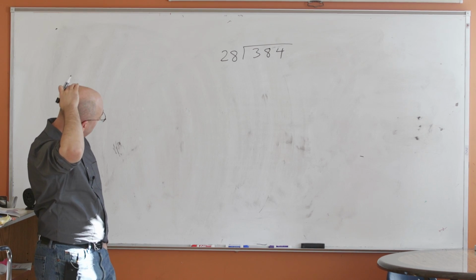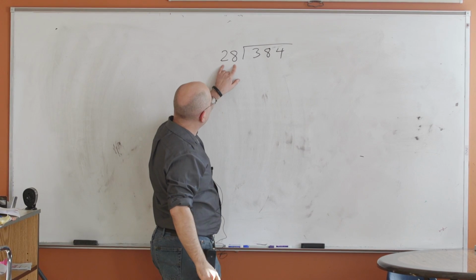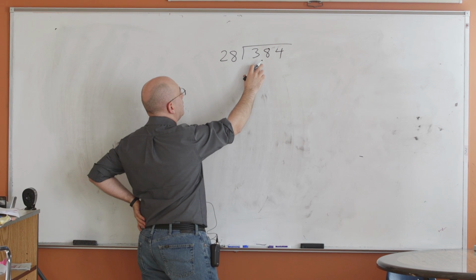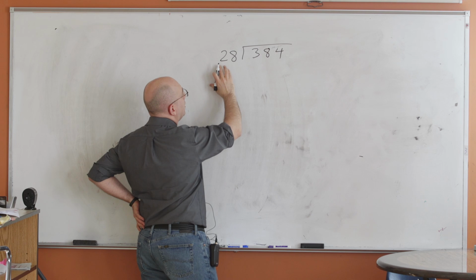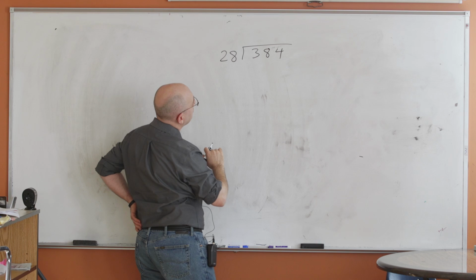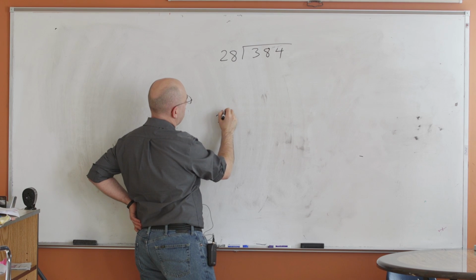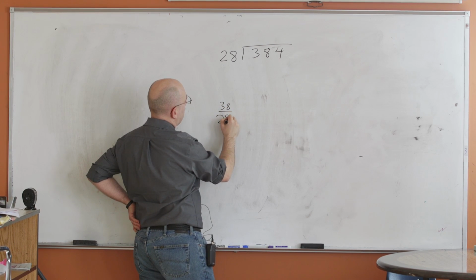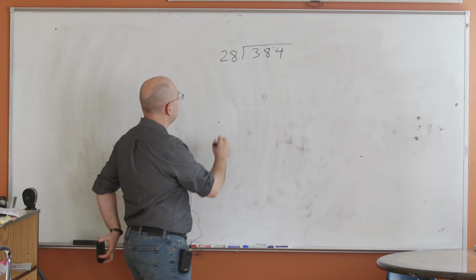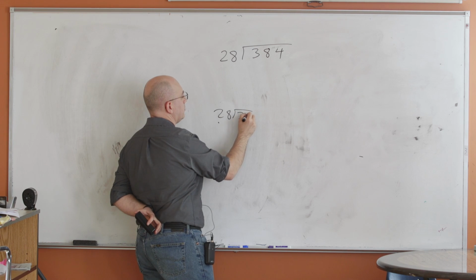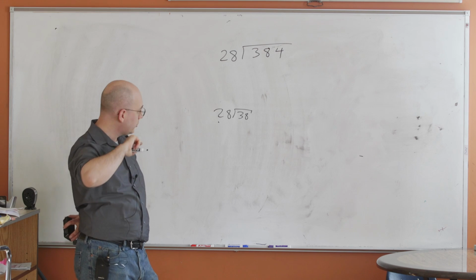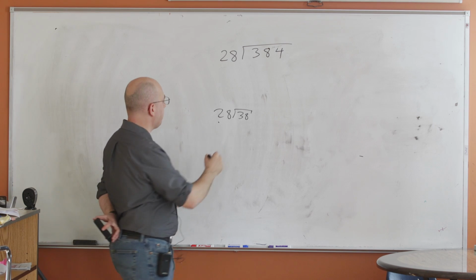Basically, what do you do? If you just had 28 into 38, what do you get? 28 would go into 38 only one time, right?